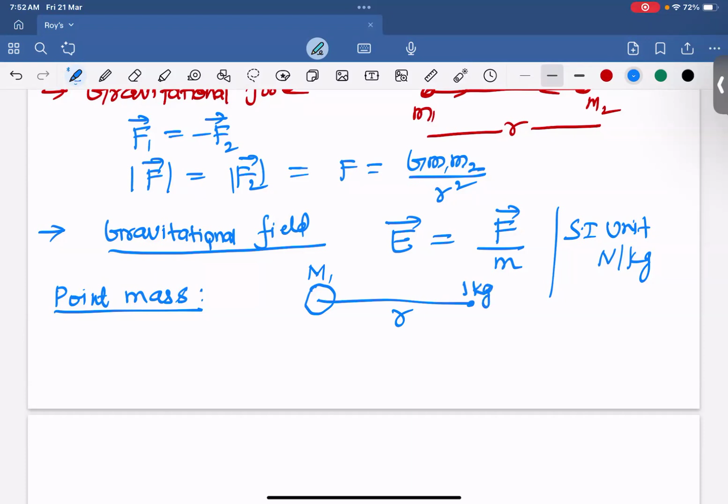Just you put 1 kg mass there, and see how much this 1 kg is experiencing the force. That will be the gravitational field. So it should be G into M into 1 by R square. So we always write it G M by R square. ठीक है?